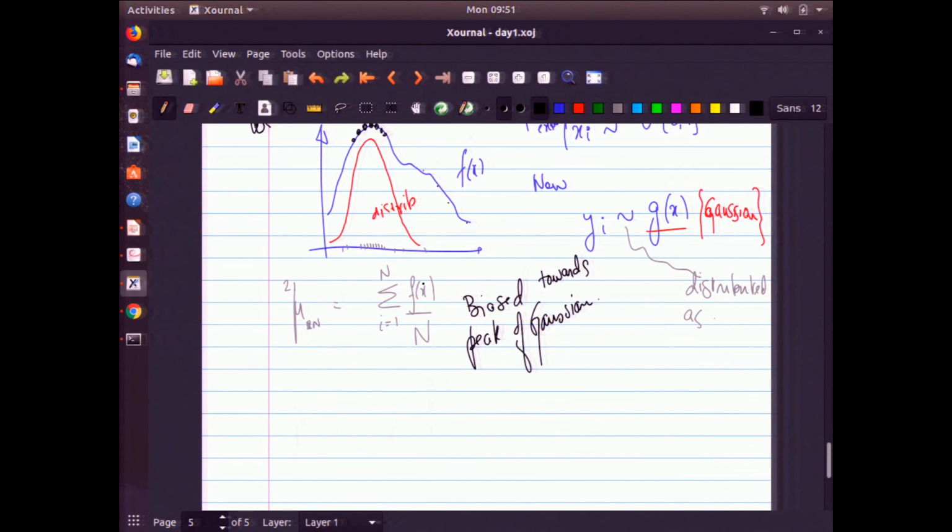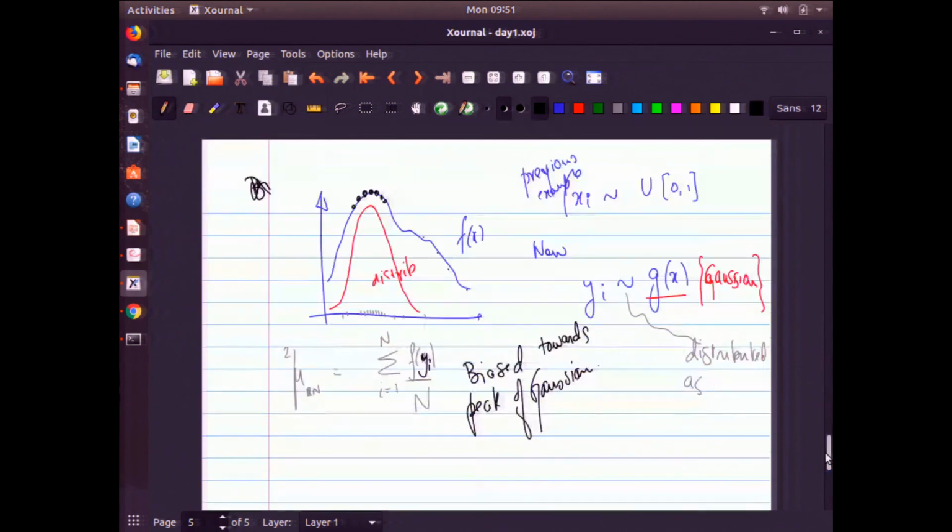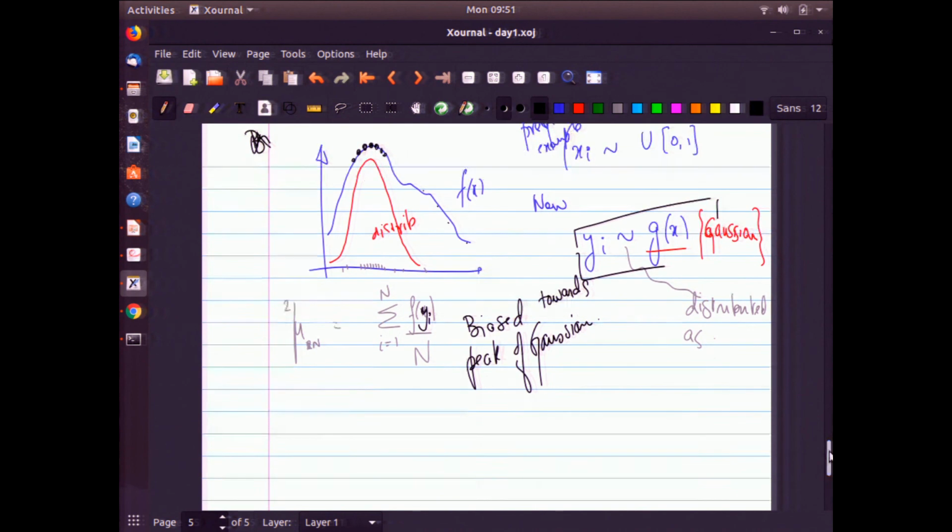I should have called this yi, because x is uniformly distributed. F of xi divided by n is still the same estimator as before. Now we have yi, the one that's non-uniformly distributed. So if I write it as yi, then it's biased. Now, if I have some other estimator, I just call it this, and I do this.